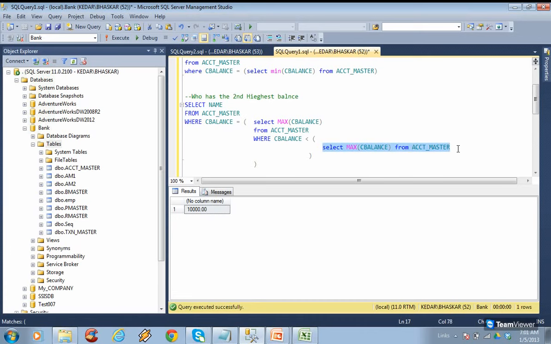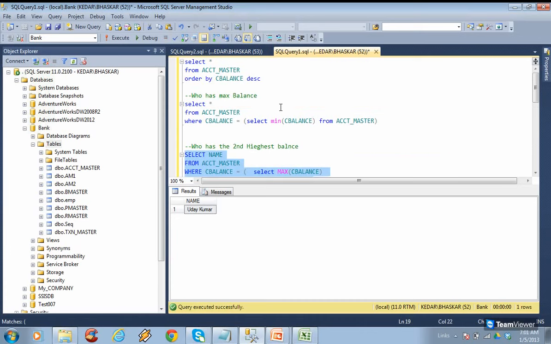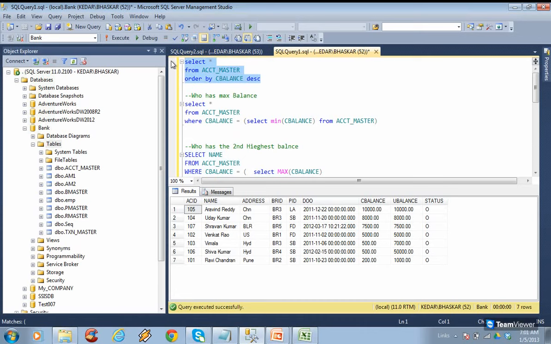This will give you 10,000 rupees. Then once it is over, from here to here, this portion would be executed. Then this will give you 8,000 rupees. Now finally, the entire portion will be executed. Who has 8,000 rupees? Now let us see. Uday Kumar is the person who's having 8,000 rupees. Let us see whether it is perfect or not. I am ordering it. So Uday Kumar is the person who's having 8,000 rupees.